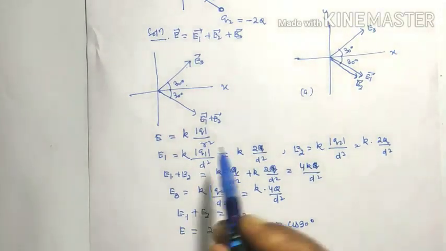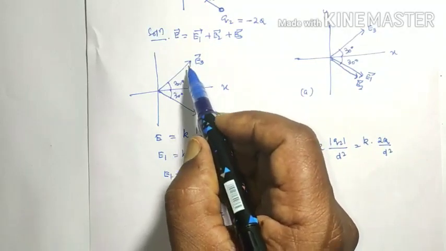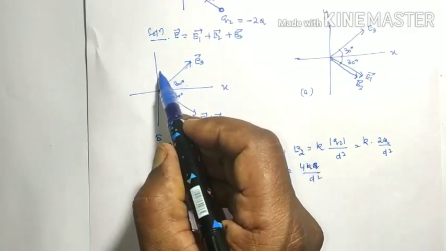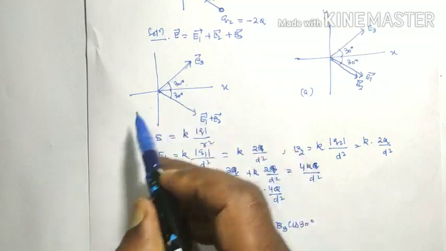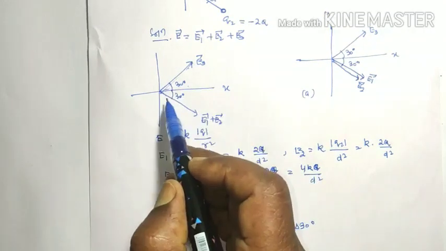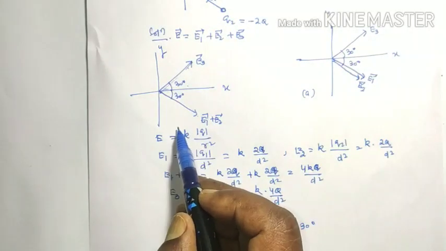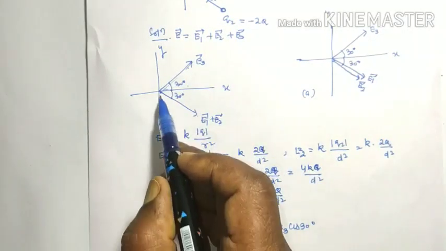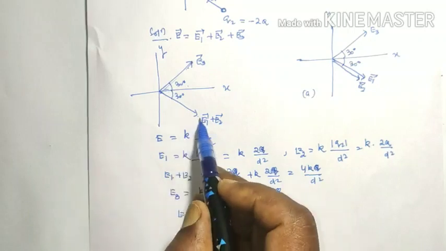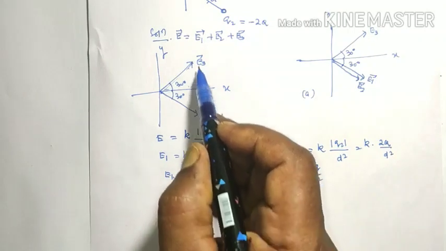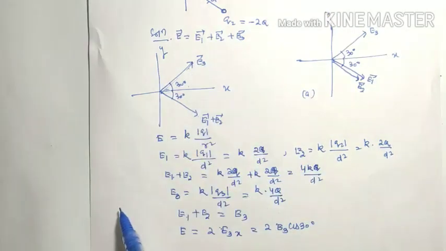Again, I'll explain. This is your E3. E3 has an x component as well as a y component. The x component is along this direction, the y component is along the y direction. Similarly, E1 plus E2 also has an x component and a y component. The magnitude of E1 plus E2 is equal to the magnitude of E3.